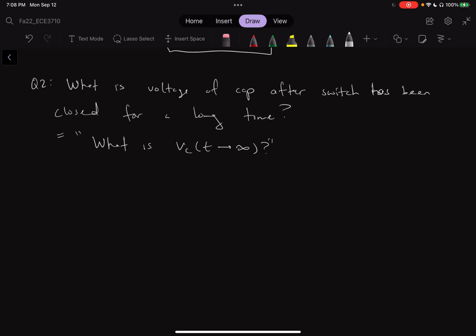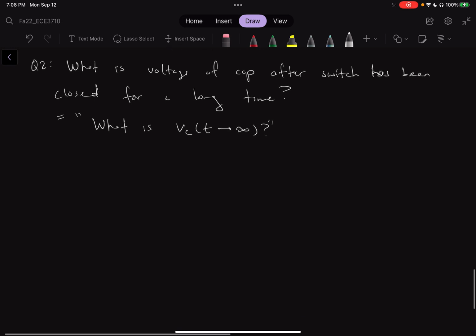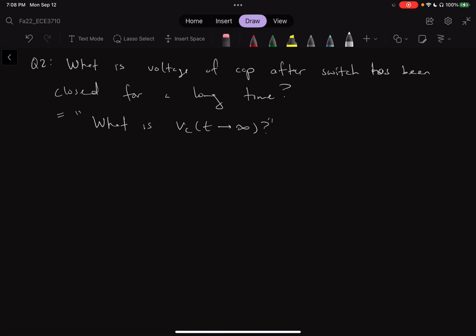That's what it's asking. So let's solve for that. Steps. We're solving for VC of t approaching infinity in units of volts. We need to redraw our circuit in t approaching infinity and DC steady state.